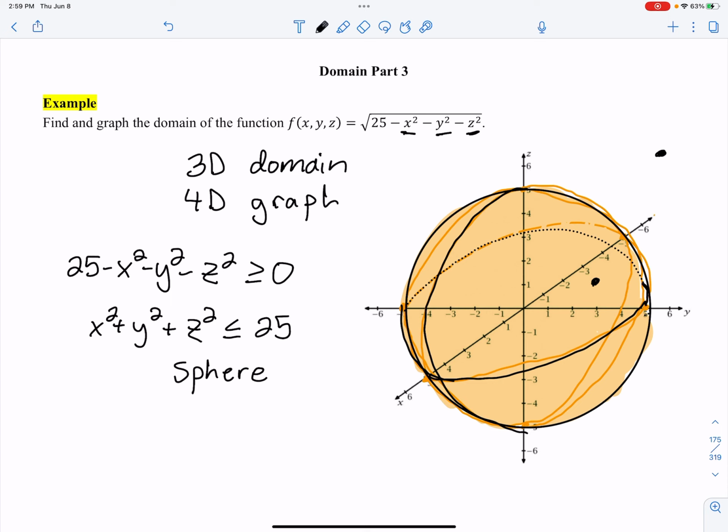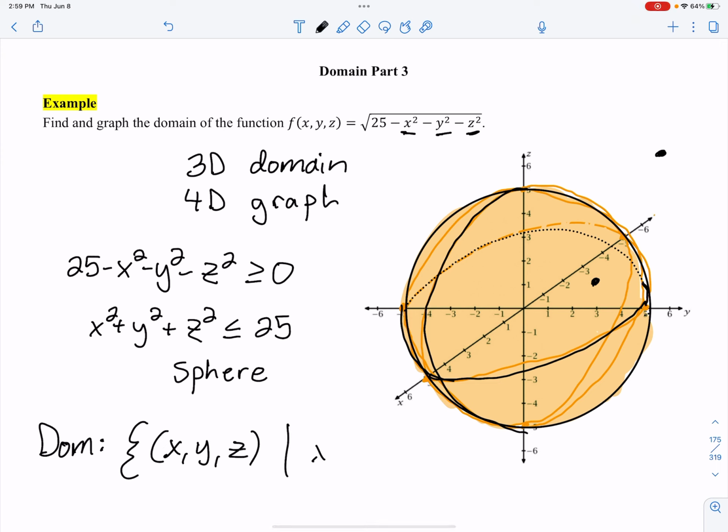So the whole point of the sphere is that this is the collection of all the points that will give me an output on my 4D graph. I know that's kind of weird, but this isn't the graph, it's the domain. Everything in the sphere is an input for my function. So we could write domain here. Domain are all x, y, and z.